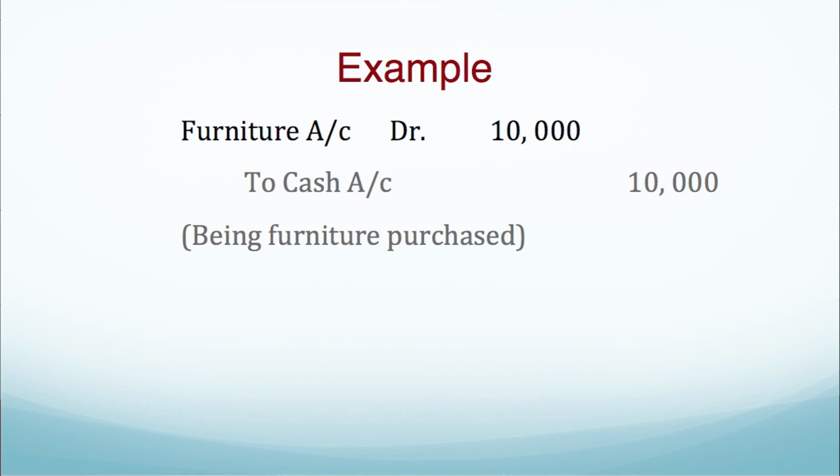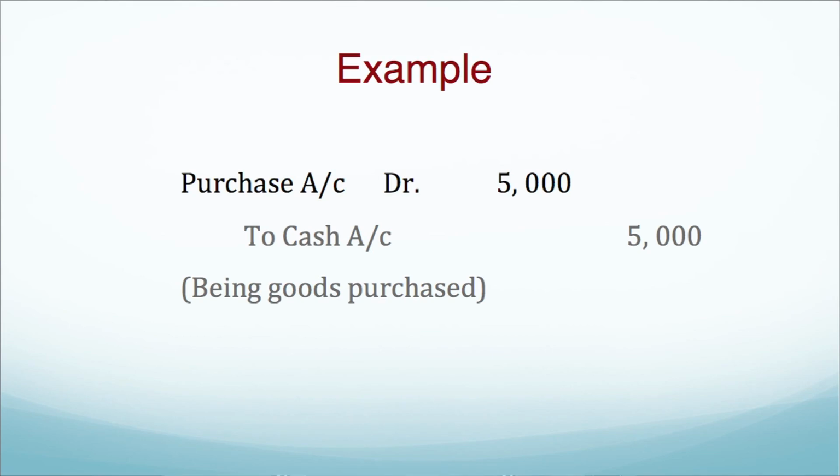So the amount is the same on the debit side as well as on the credit side in the process of journalizing the transaction. For the next transaction, we have debited the purchase account and we have credited the cash account. If you see, the amount is the same. On the debit side, against the purchase account, we have recorded rupees 5,000, and on the credit side, against the cash account, we have recorded rupees 5,000.